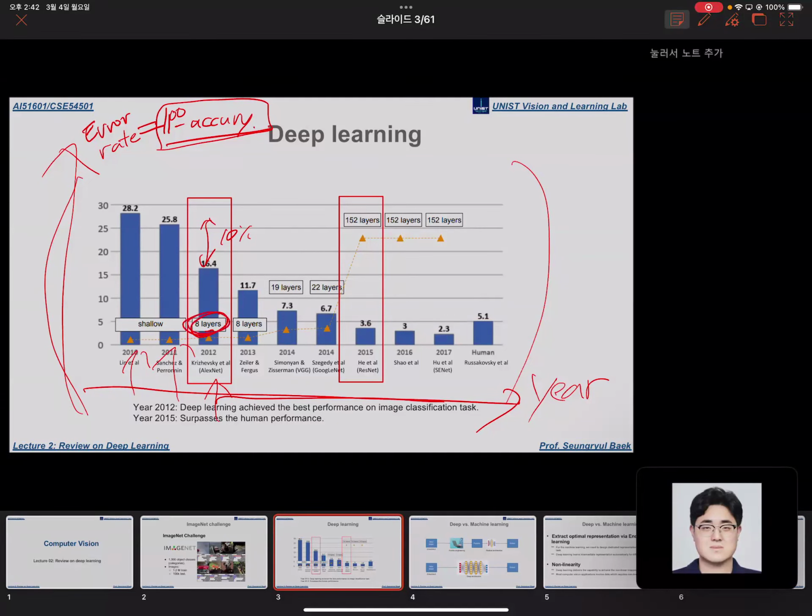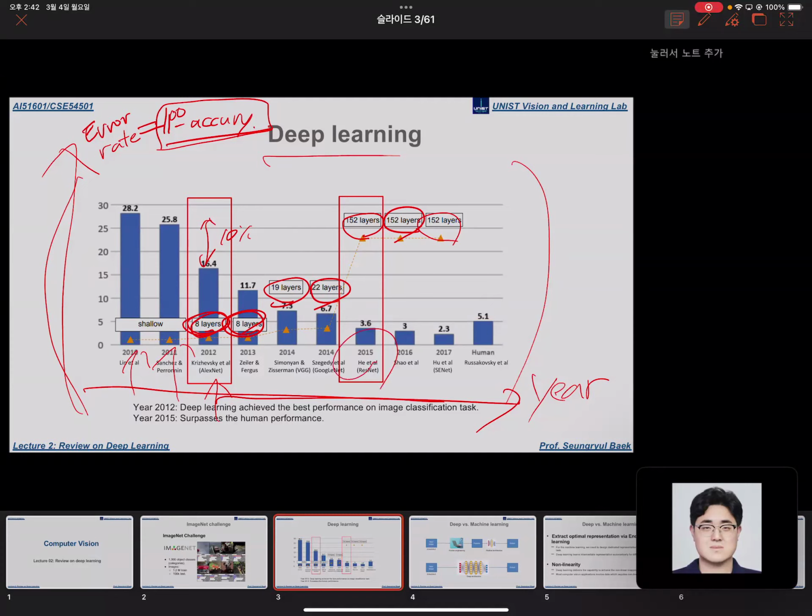Here they are using 8 layers, but gradually they used more and more layers. This is the event where the deep learning approach became popular in the computer vision domain.